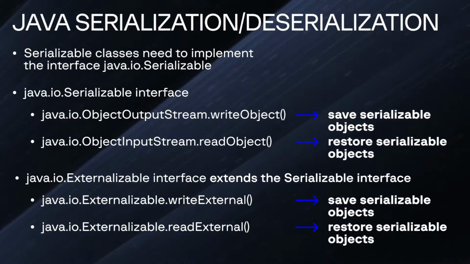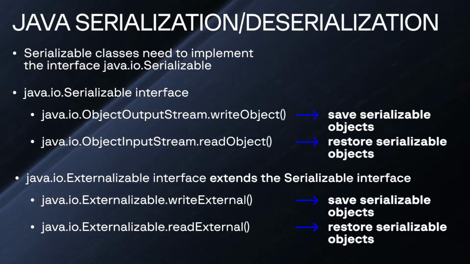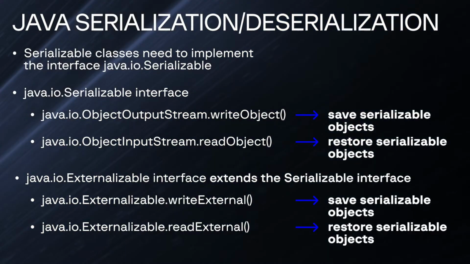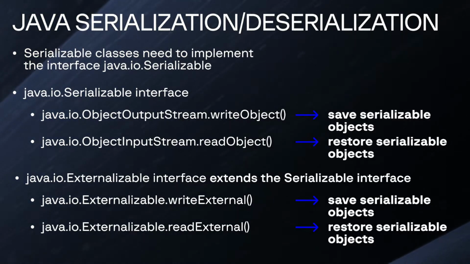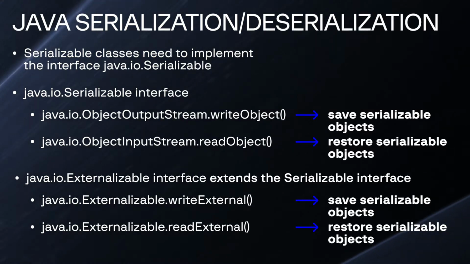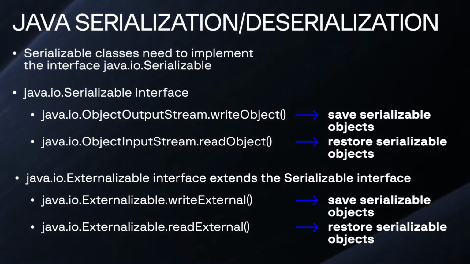Another way to make a class serializable in Java is to implement the Externalizable interface. This interface extends the Serializable interface, but moves the responsibility of serializing and deserializing to the class.